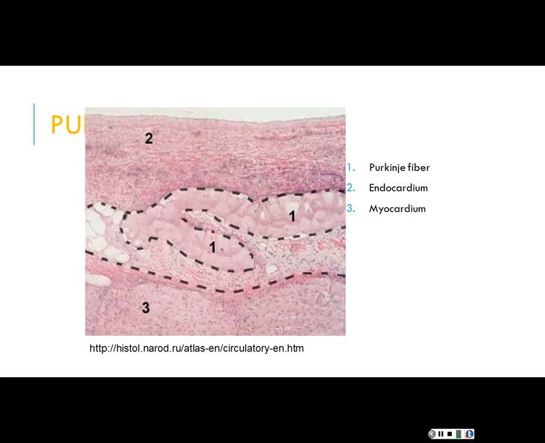So all these things, the SA node, the internodal pathway, the bundle, although they're cardiac tissue, they don't do what? They don't contract, but they do conduct action potentials. So they're kind of like nerves.